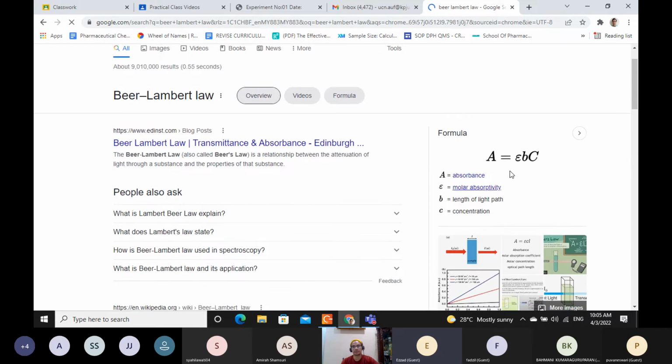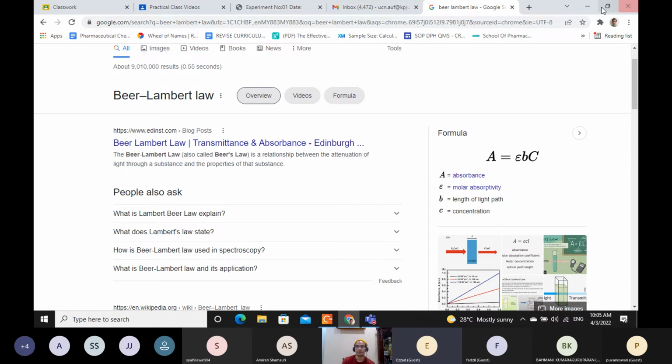So this is the formula. The absorbance equals the molar absorptivity of our sample, times the length of the light path, times the concentration. So if we simplify, the absorbance is directly proportional to the concentration, meaning the higher the concentration of our solution, the higher the absorbance, the higher the ability of the solution to absorb light.